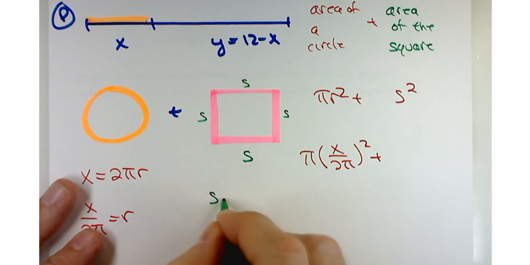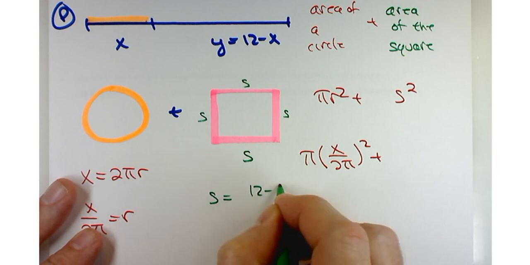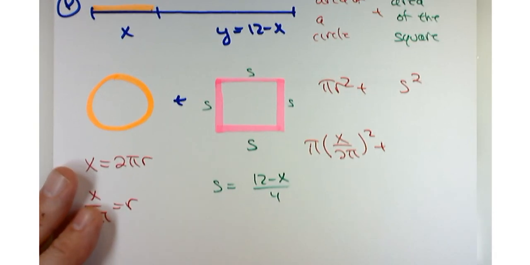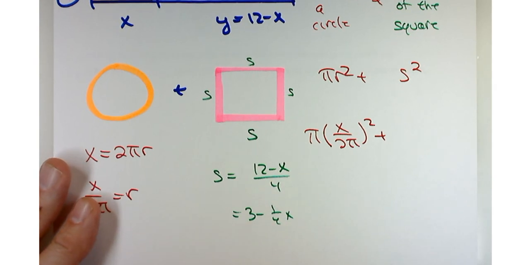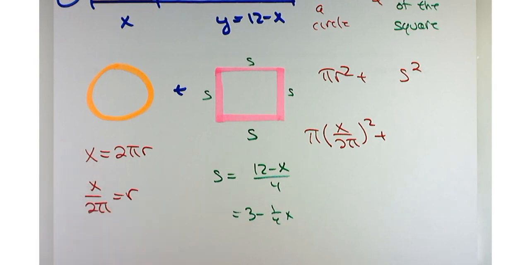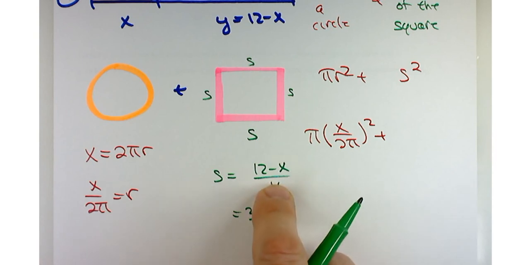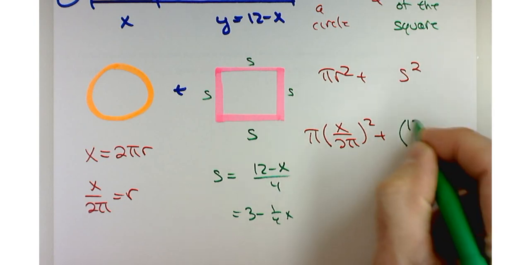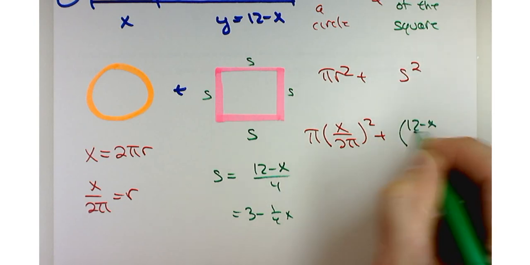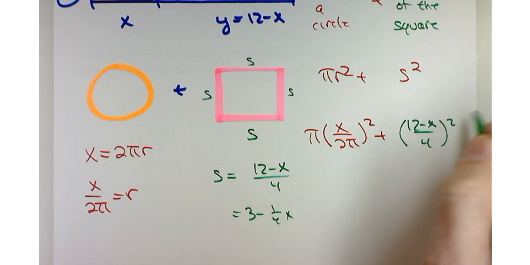So S would equal 12 minus X over 4, or you could write it as 3 minus 1/4 X. It's up to you, but I think it's going to be easier to work with in this form. So let's write that as 12 minus X over 4, quantity squared.